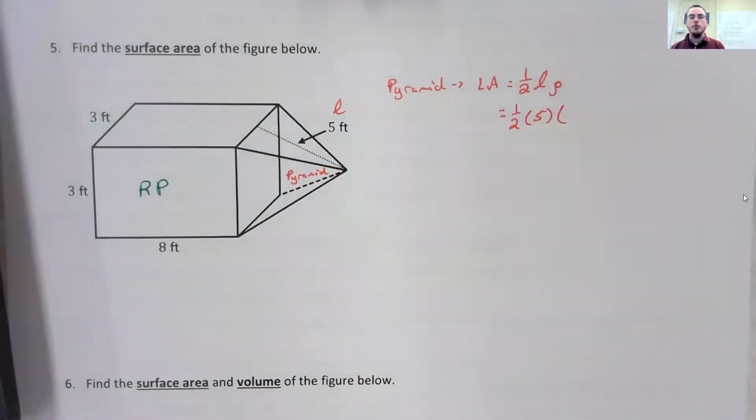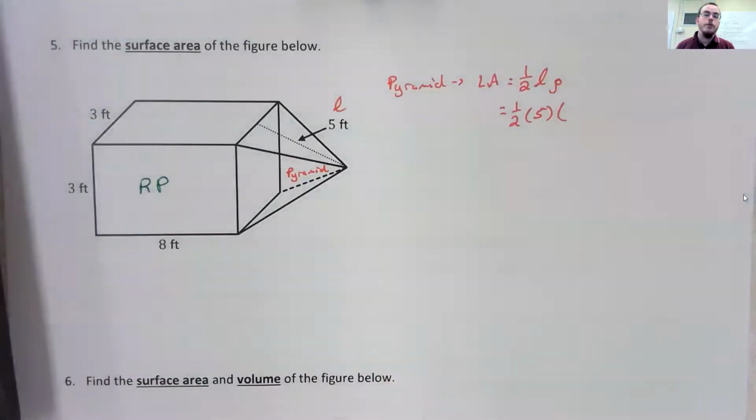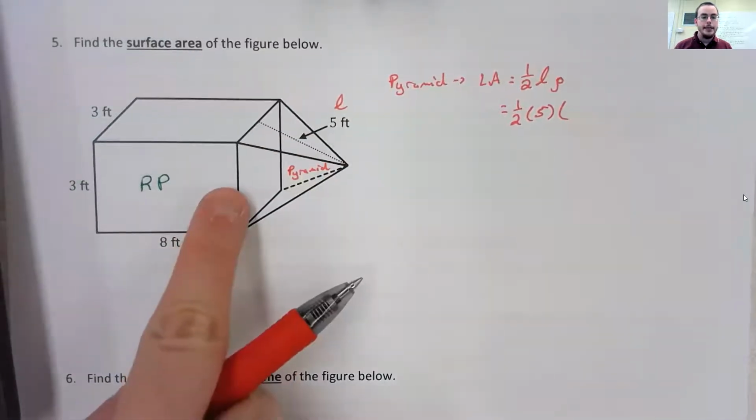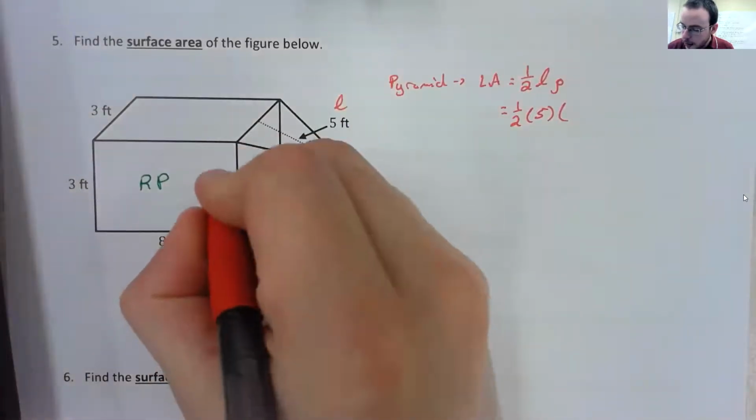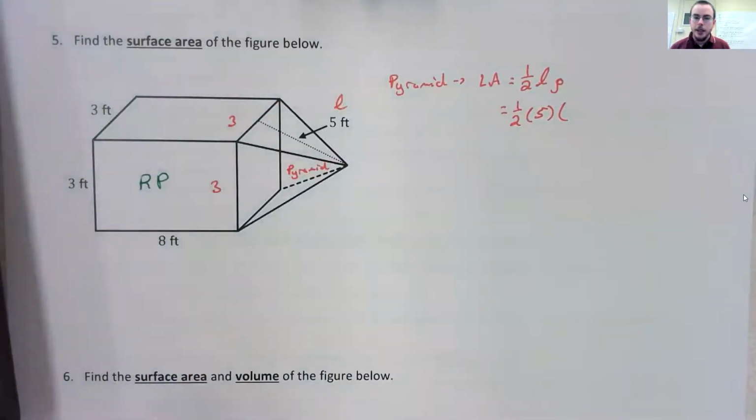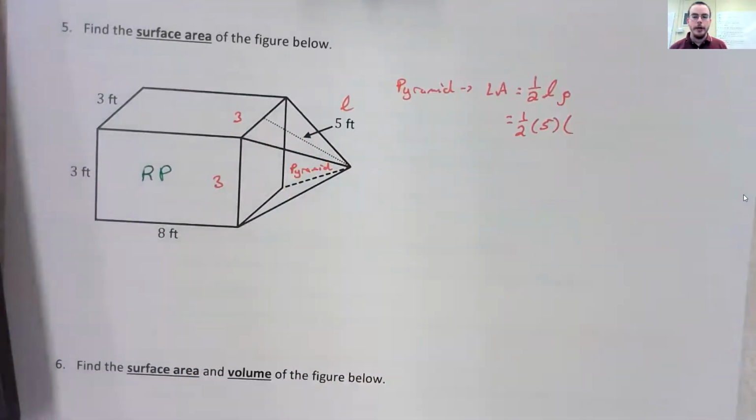And how do we normally determine the perimeter of an object? Well, the perimeter of an object is all of the sides of that object added together. So we have to determine the perimeter of the base. So what shape is that base in? Well, we can see from our measurements that this would be 3 and this would be 3, so the base is in the shape of a square.